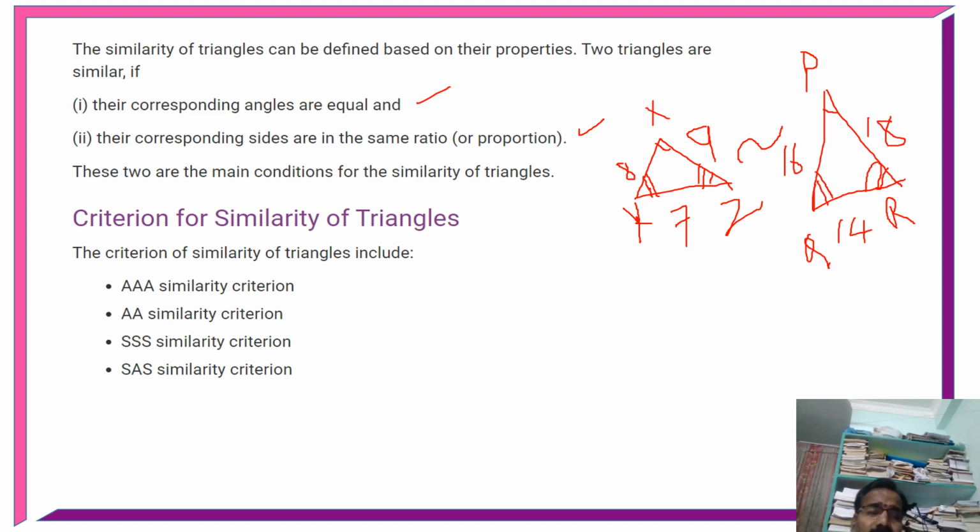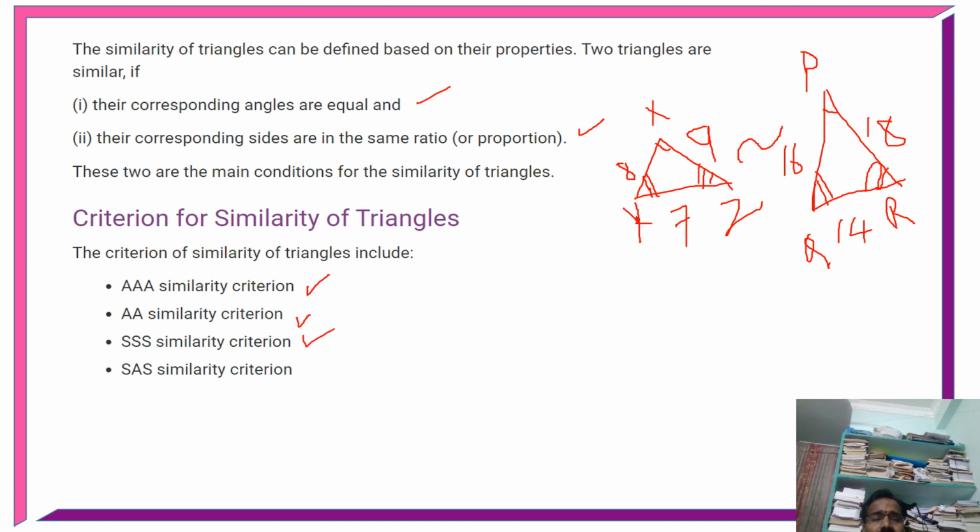To show similarity of triangles, just like you learned congruency criteria in 9th class: SSS, SAS, RHS, ASA, AAS, these five congruence rules. But in similarity we have triple A, angle, and double A. Actually, double A is a corollary of triple A. If we prove double A, by the angle sum property of triangles, triple A is applicable automatically.